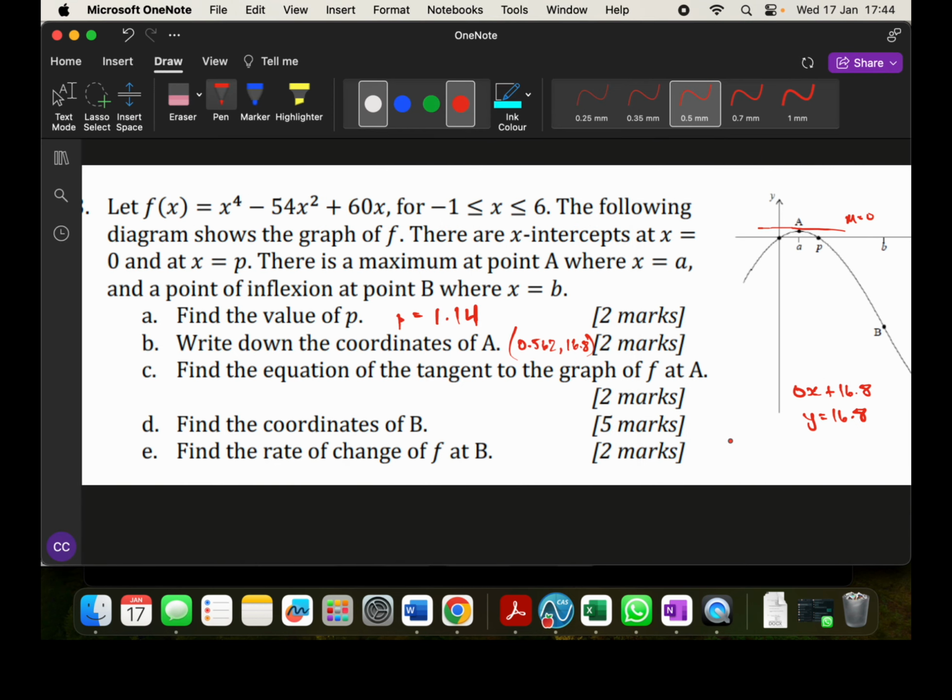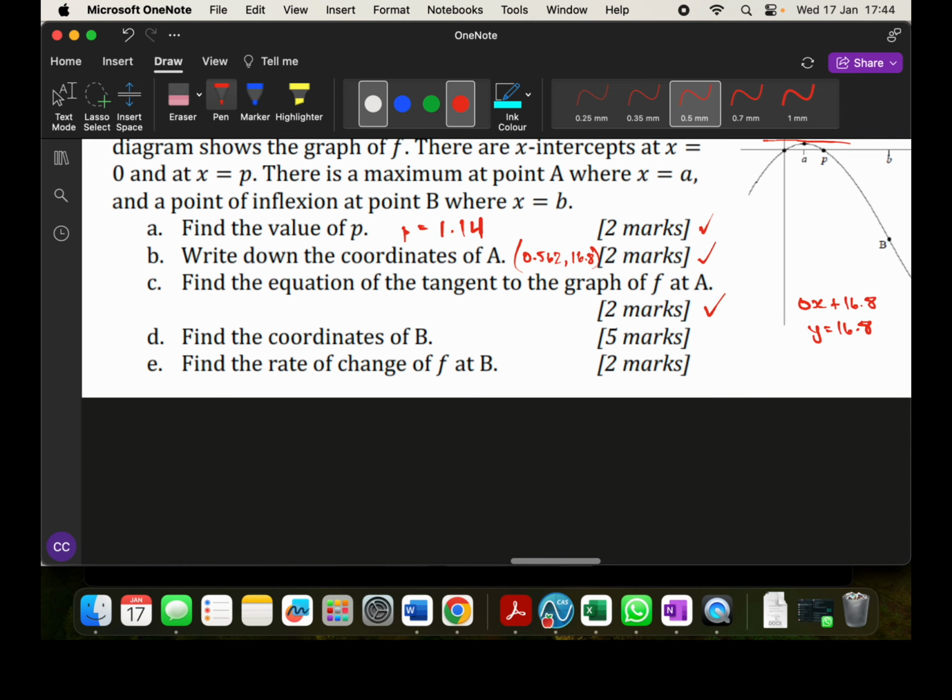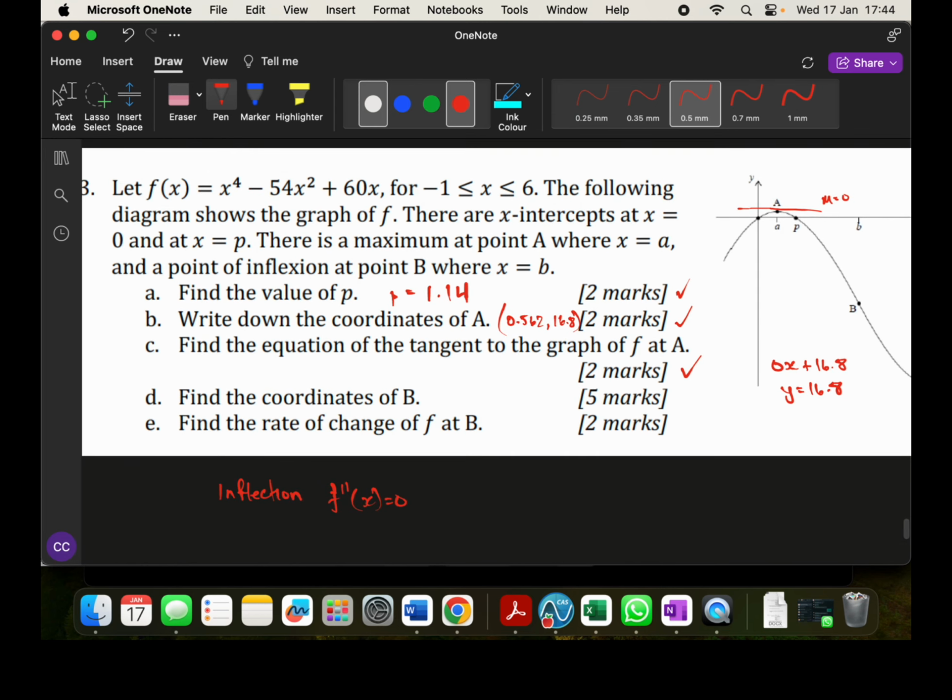Again, boom. Easy marks. Next, we need to find the point of inflection. Okay, now we got to do some calculus. Because the inflection point happens when the second derivative equals 0. So we got to take the first derivative, which would be 4x cubed minus 108x plus 60.